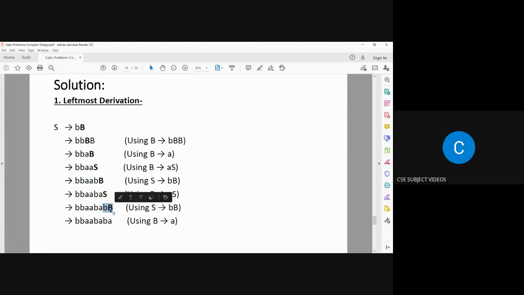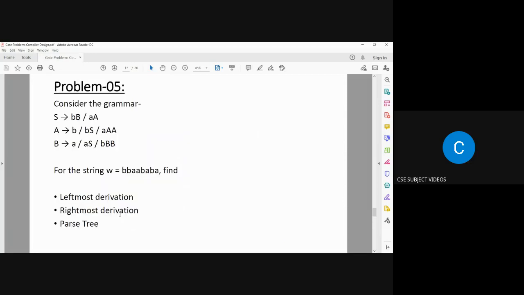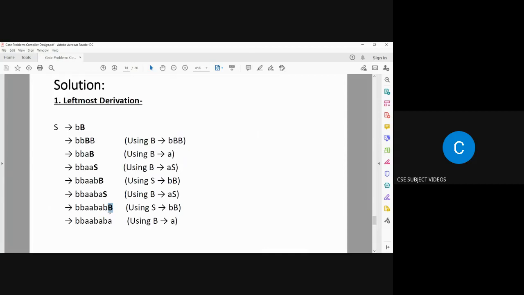Okay, next in this step, the rightmost non-terminal is B. What are we doing again?